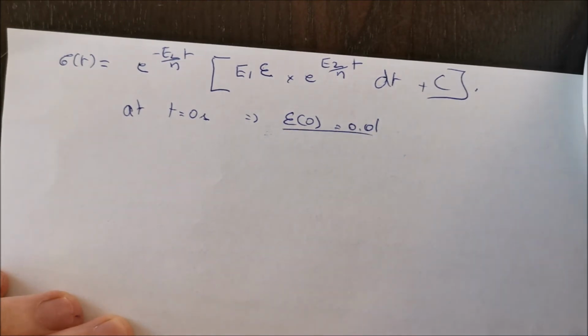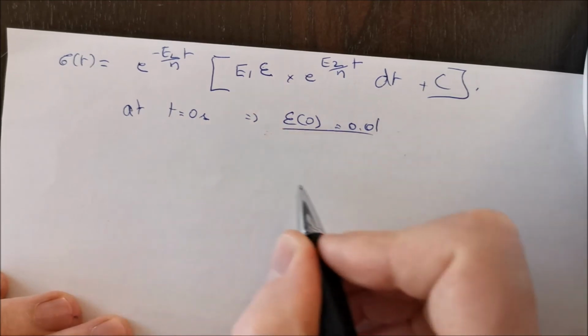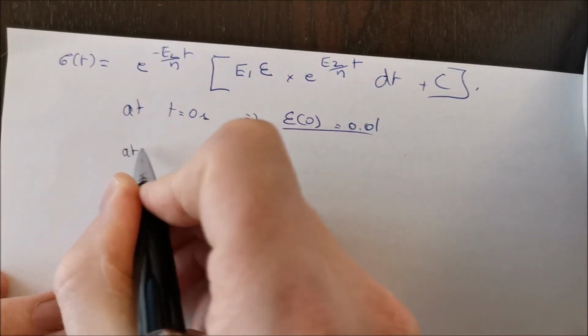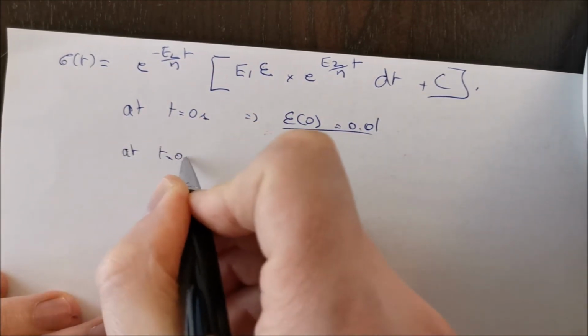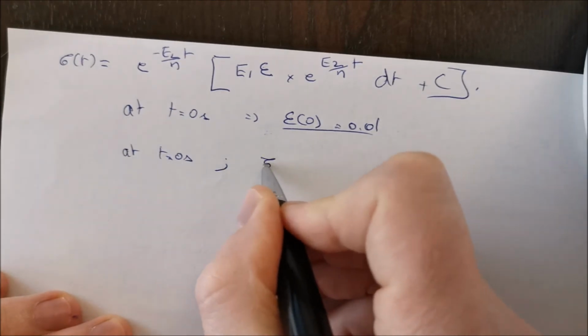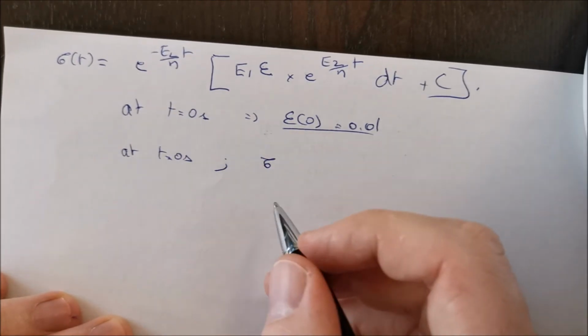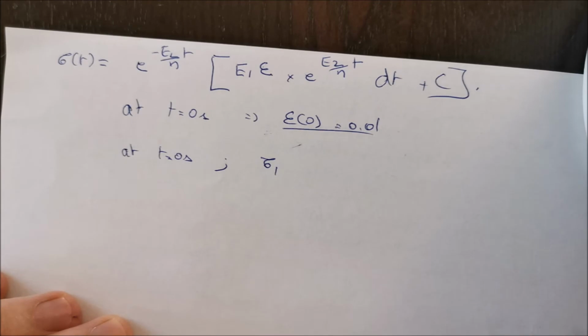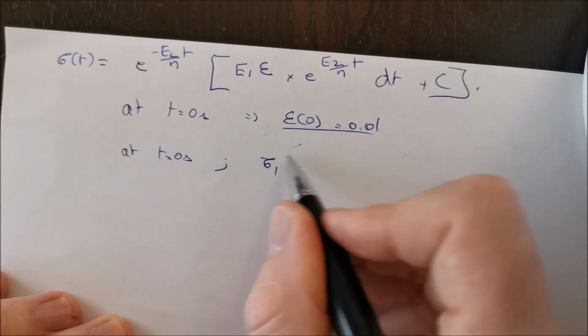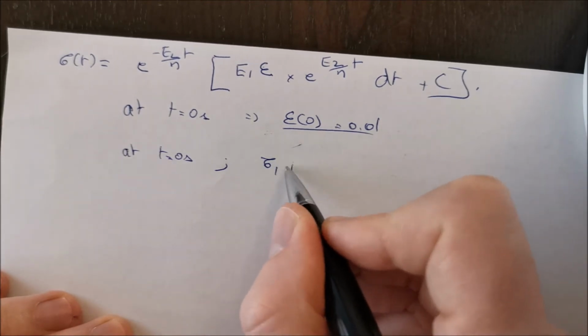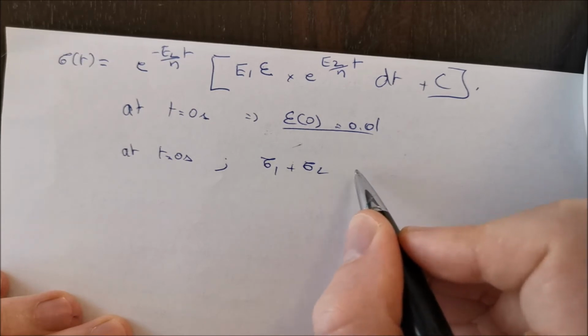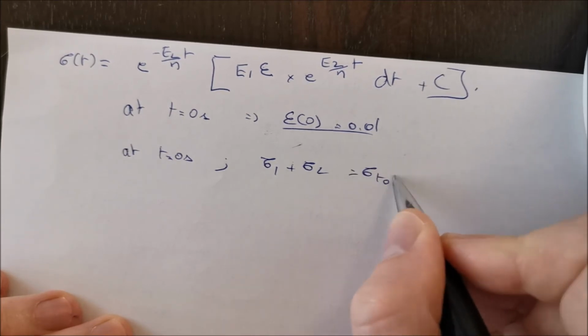This is the condition that was set in the problem. We also know that at t equals 0, the stress applied on 1, which is the Maxwell component, which is the spring, sorry, plus the stress applied on the Maxwell component is equal to the total stress, right?